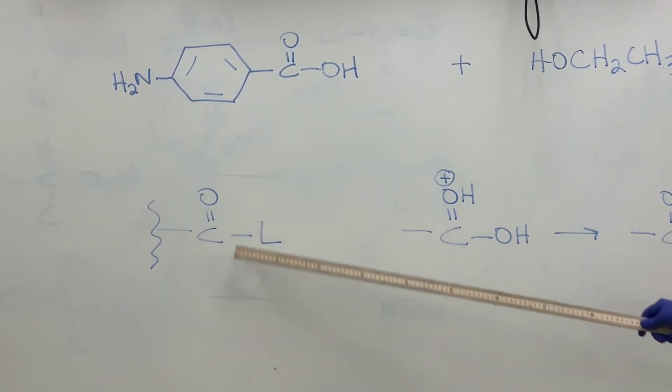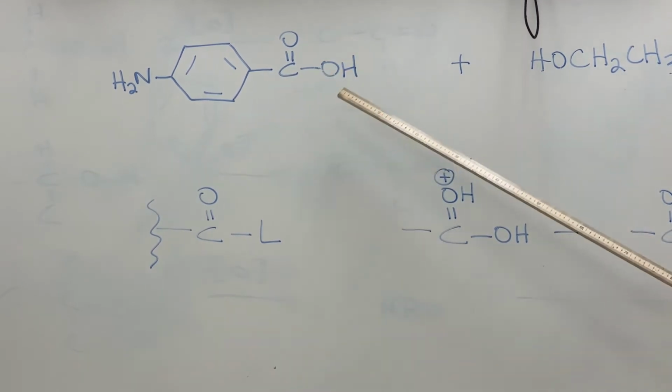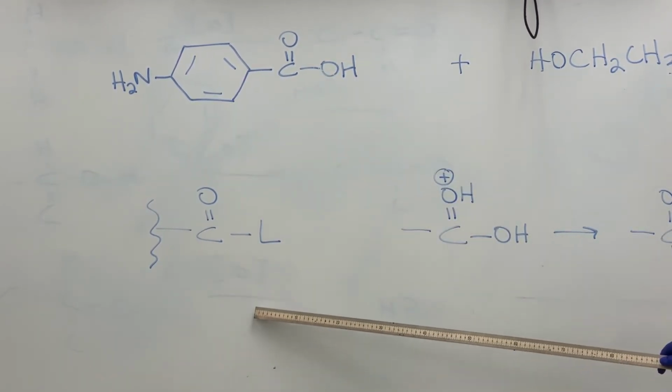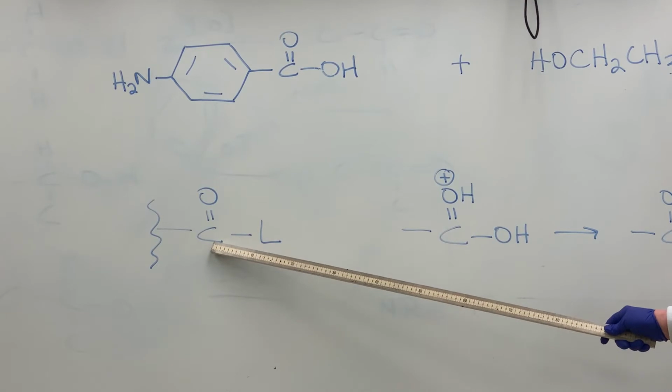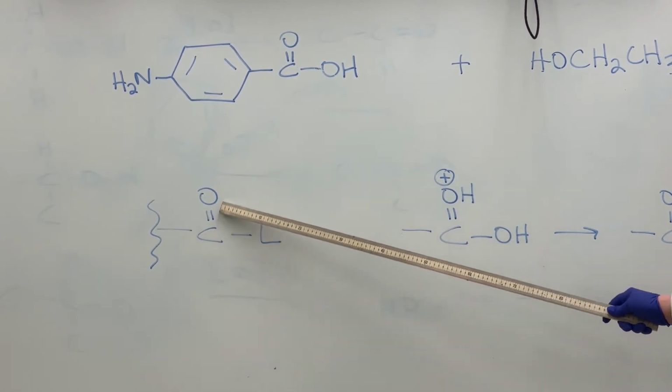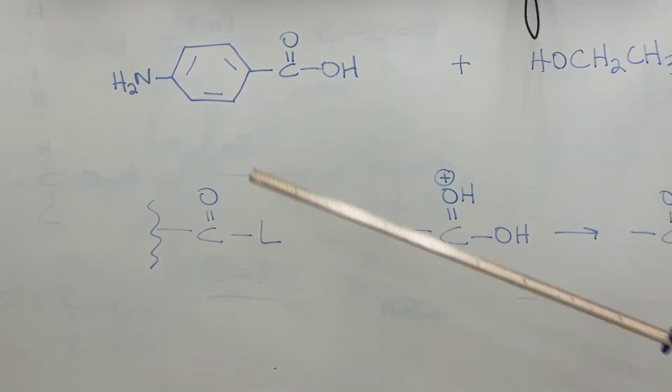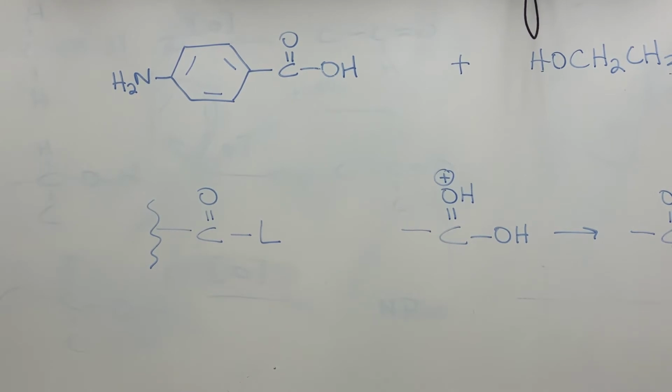Before, when we looked at benzoic acid derivatives and their reactions, if we had a nucleophile, we would see the nucleophile attack the carbonyl group, the pi bond breaks, O becomes O minus, and eventually picks up a hydrogen to form some type of alcohol.